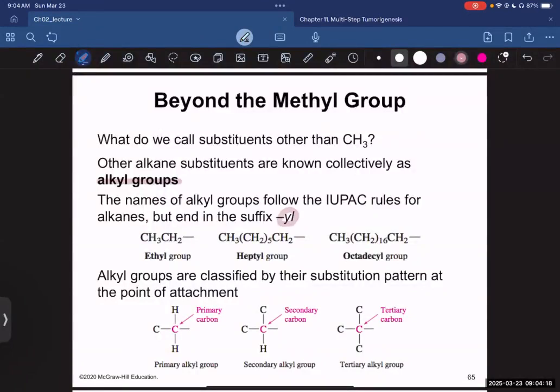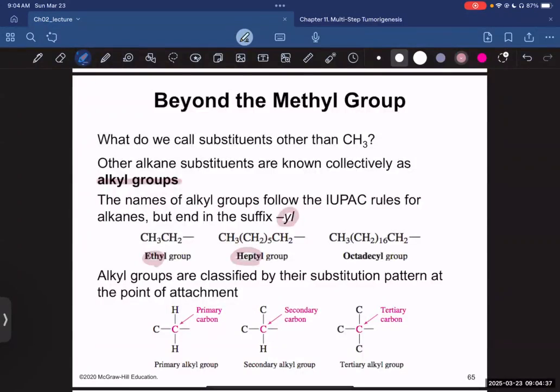So instead of ethane, if we have a 2-carbon substituent, we call it an ethyl group. And if we have a 7-carbon chain as a substituent, it's a heptyl group, and so on and so forth.